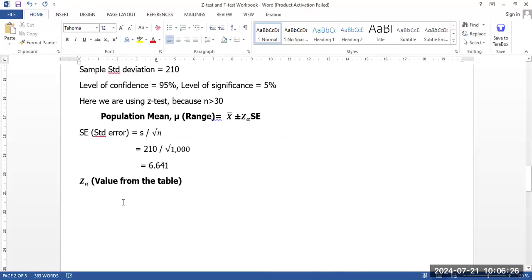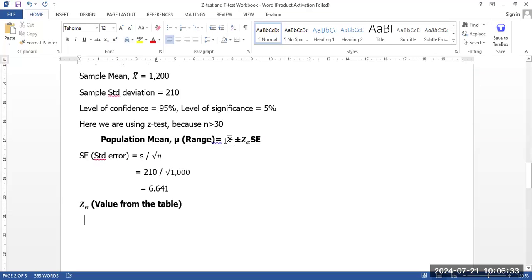But how do you get that value from the table? You will need to ask yourself, is this a two-tailed test?